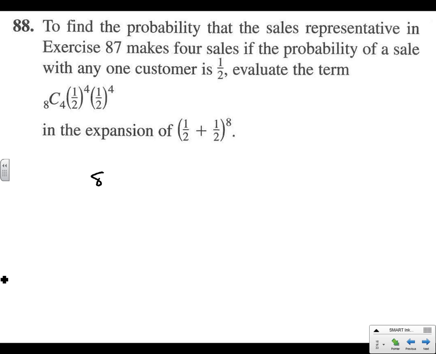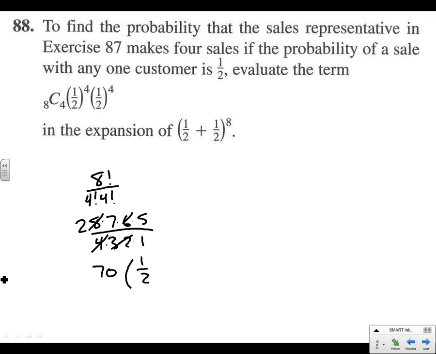8C4 looks like this. So we've got 8 7 6 5 over 4 3 2 1. 3 times 2 is 6. 8 and a 4 will go like this. 7 times 5, 35 times 2 is 70 times a half to the fourth.